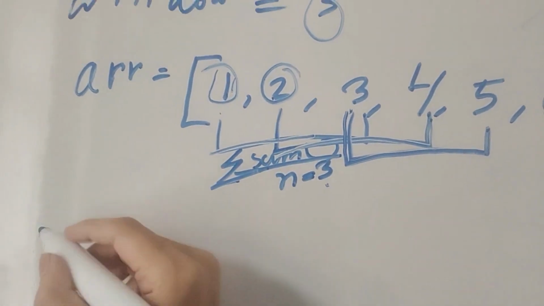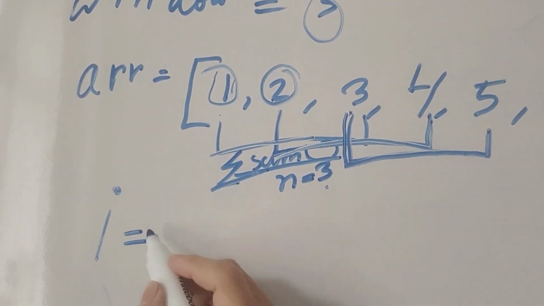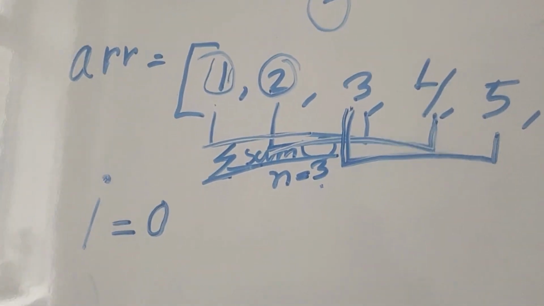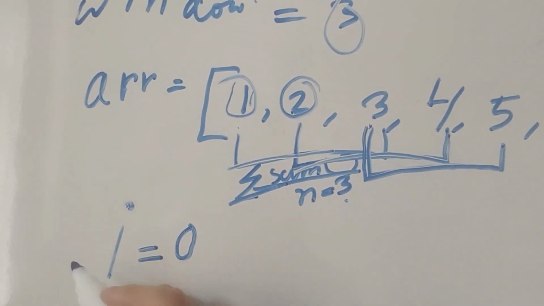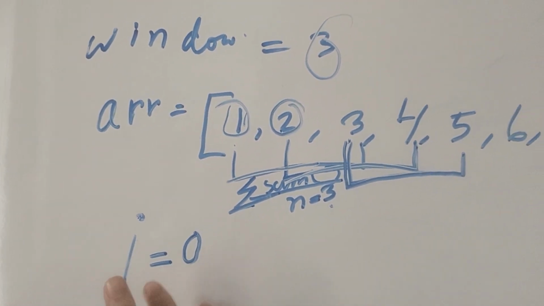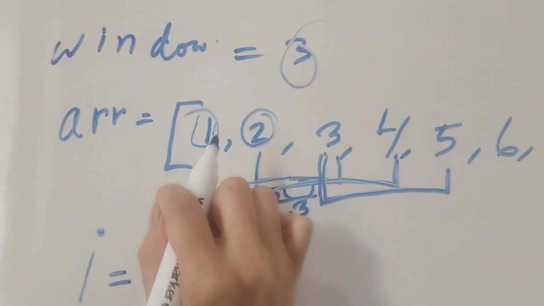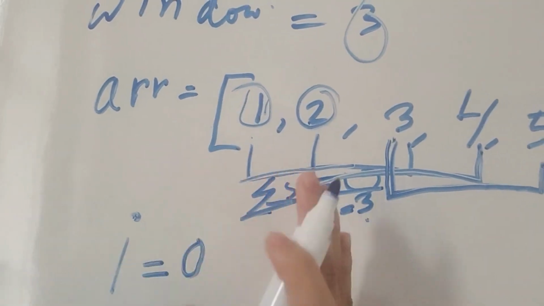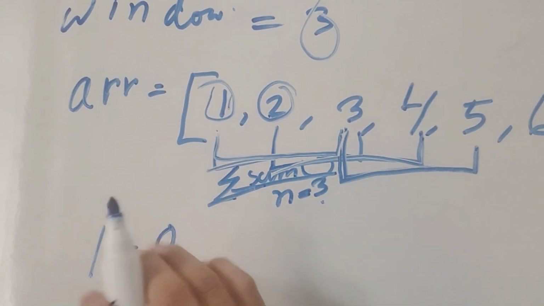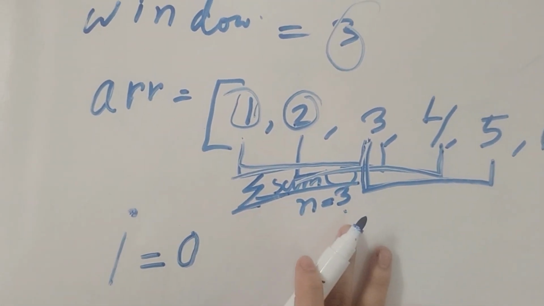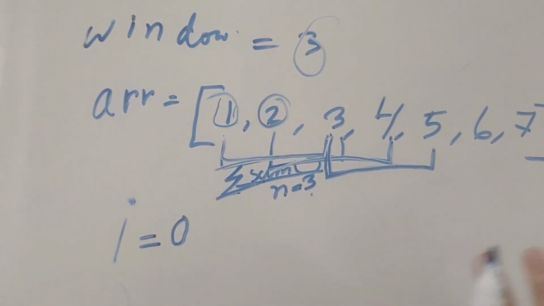We can consider each step to be i, and on each step we're moving one step further. So initially, when we start the calculation, we can consider i to be 0 because we're not moving any further. We're just starting, so we take the first one as well, and then from the left we start skipping. Once we calculate the mean of the first set of 3, we move one step and consider the next right set of 3.